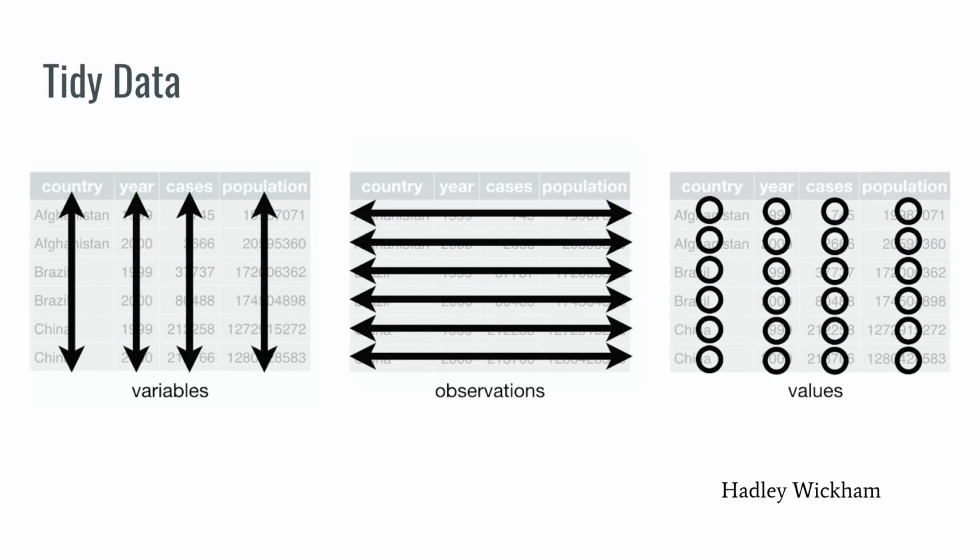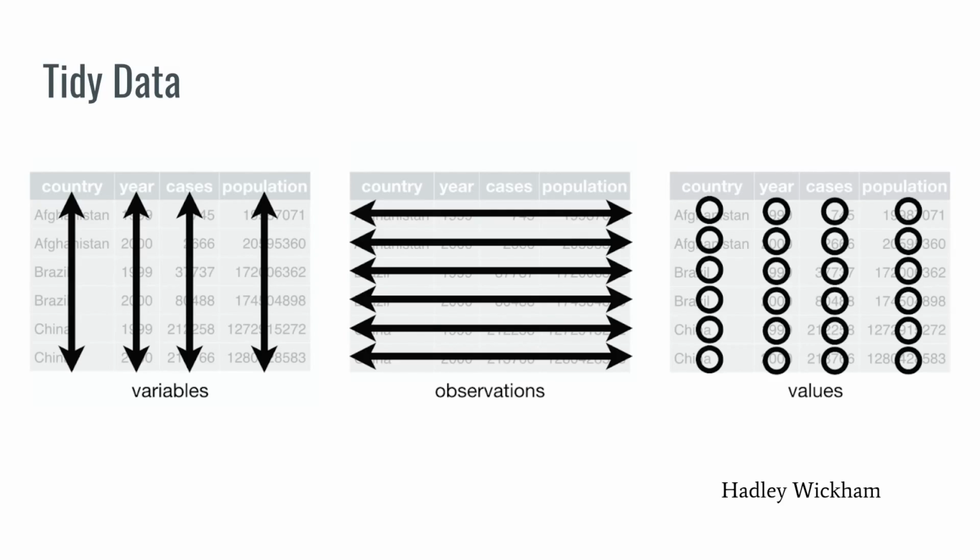And Hadley Wickham, who's really well known for his R work in particular, formalized some principles which I think are kind of common sense, but he wrote them down in a paper, to say that data is tidy if, when you've got a table of data, you put every variable in a column, so every variable corresponds to one and only one column, and every observation or sample, whatever that means for your data, into a row.